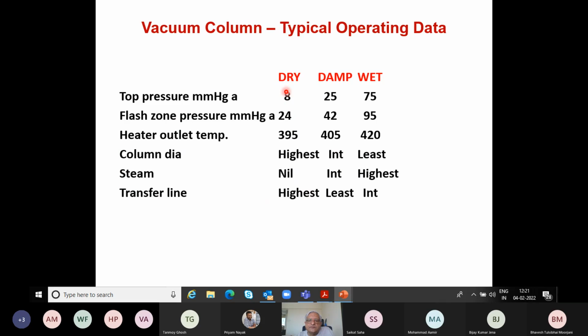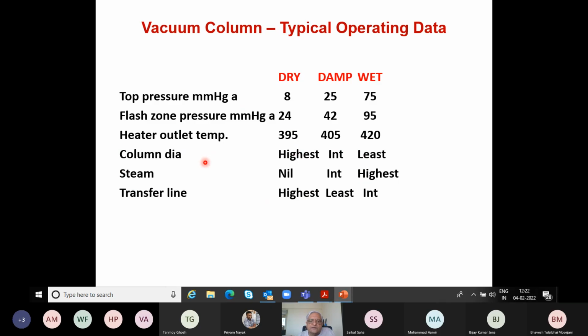As I already told you, dry vacuum is pretty high vacuum. Wet is, on the other hand, relatively high, 75, and damp is somewhere in between. For damp, your steam flow rate is somewhere between 0 and something like 18 to 20 kg per meter cube that we had studied earlier.